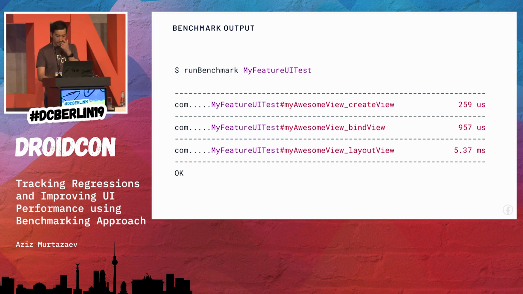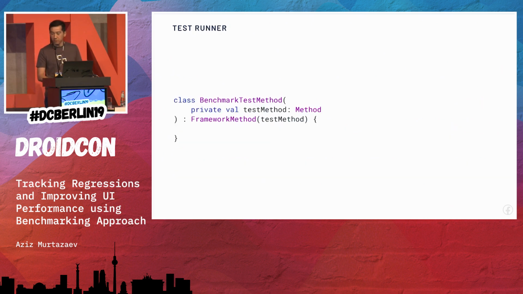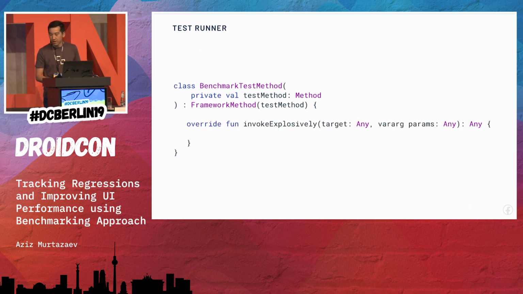So how do we actually do that internally? In JUnit, every test method is processed by a class called FrameworkMethod, which has a method called invokeExplosively, and you just invoke the test method that's provided. We extended that.